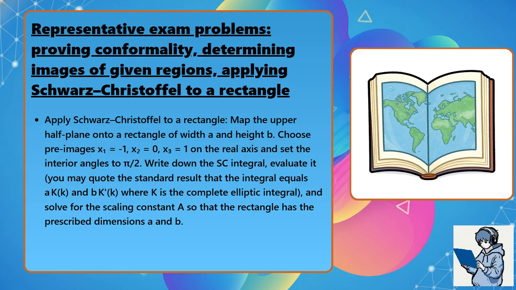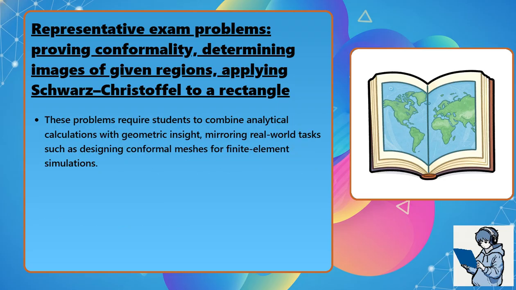You may quote the standard result that the integral equals a times K of k and b times K prime of k, where K is the complete elliptic integral. And solve for the scaling constant a so that the rectangle has the prescribed dimensions a and b. These problems require students to combine analytical calculations with geometric insight, mirroring real-world tasks such as designing conformal meshes for finite element simulations.